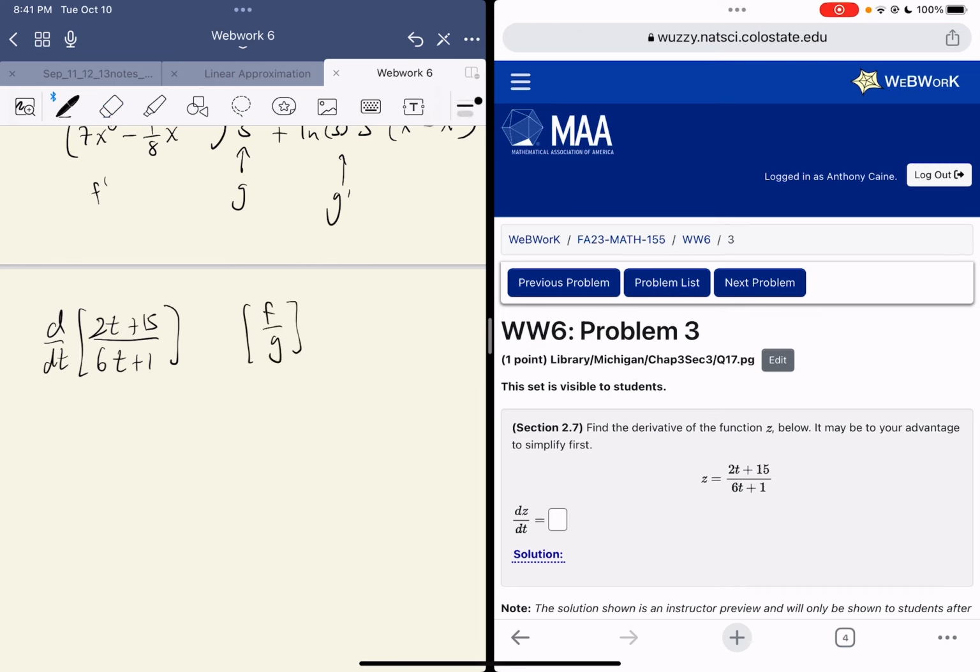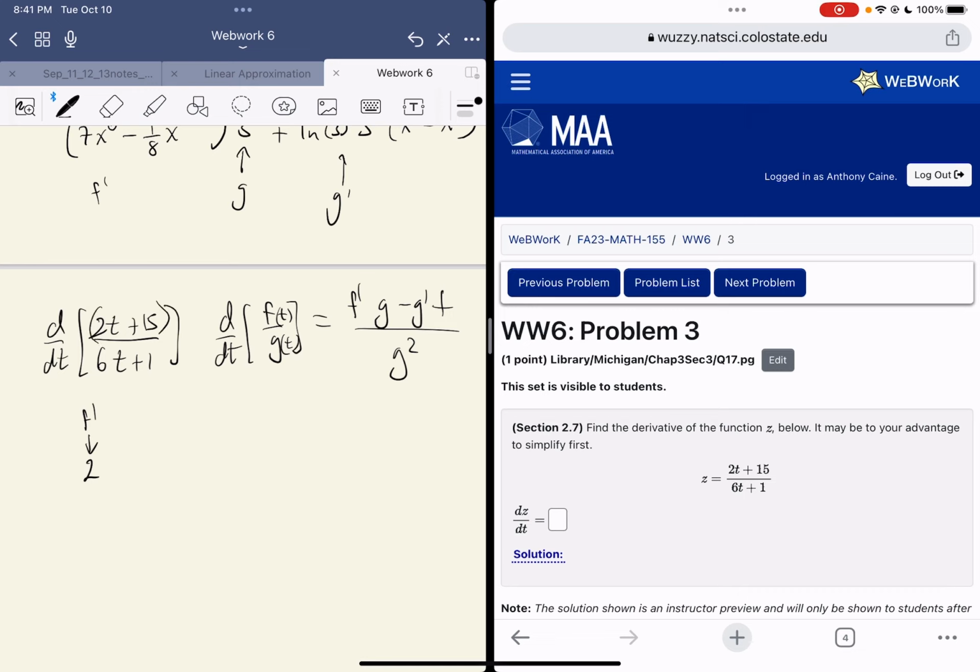So if you have a function over a function, and you're going to take the derivative of it, so this is f of t over g of t, then it's the derivative of the top times the bottom minus the derivative of the bottom times the top all over the bottom squared. So that's the quotient rule. Let's just go ahead and use it. So I take the derivative of the top, so that's just 2.